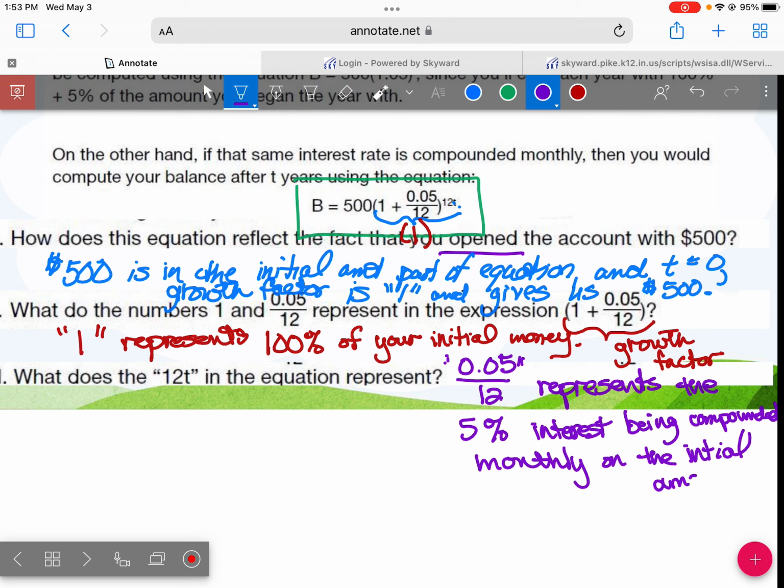Does that make sense? But it's compounded monthly. So we're recalculating it after every month. So we can earn interest on the interest if you leave that interest in that account. Any questions on what I'm saying there?